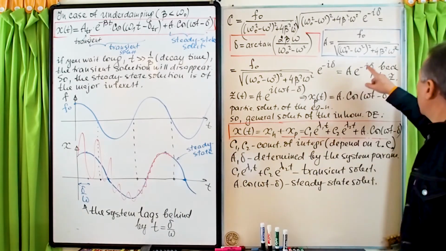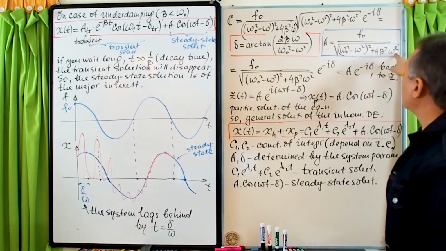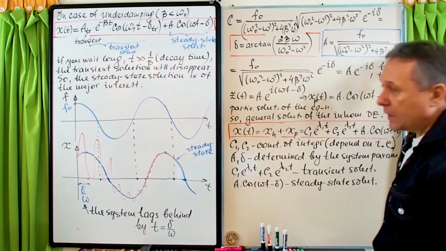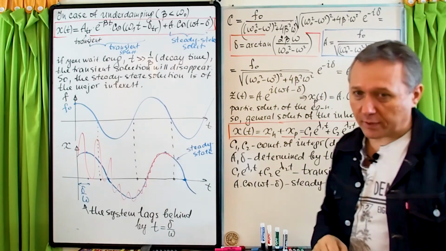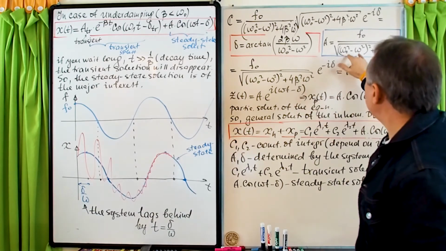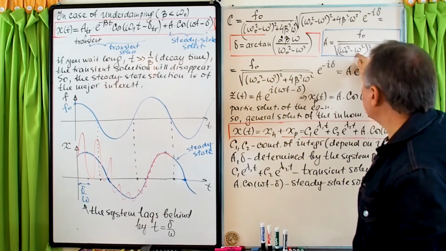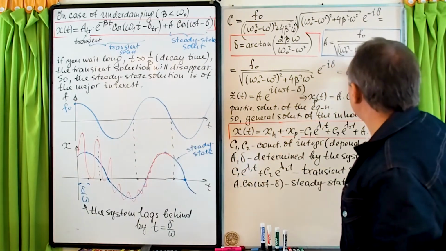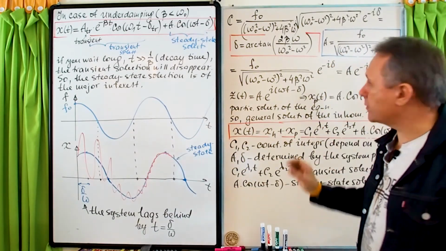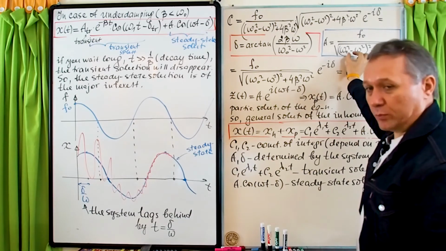So then, obviously, amplitude depends on omega, right? And in this term, there is a difference between natural frequency and the driving frequency. If we move omega closer to the natural frequency, this term becomes smaller and smaller.